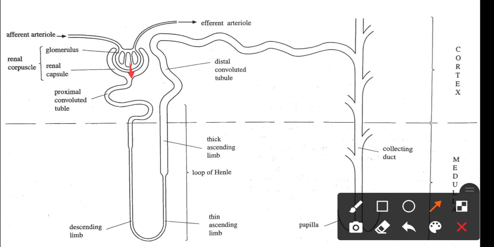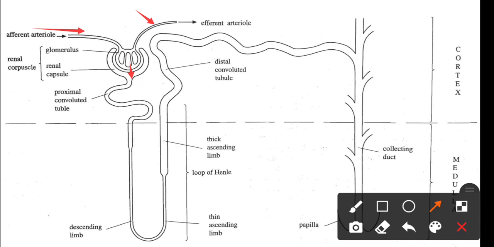Now if more blood is coming in, if your blood pressure is high, there can be more inflow. And here you can very well see the efferent arteriole has a lower diameter as compared to the afferent arteriole.